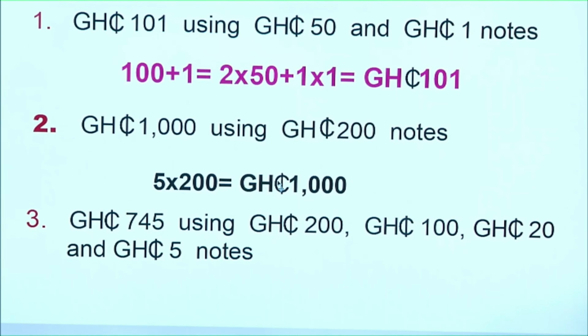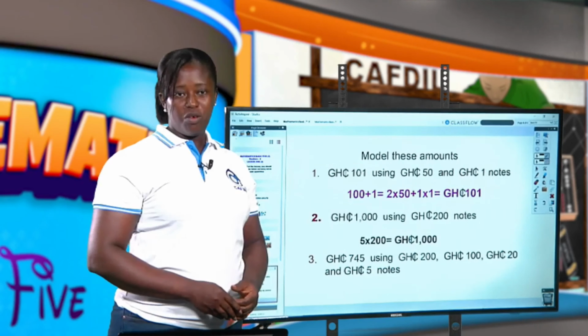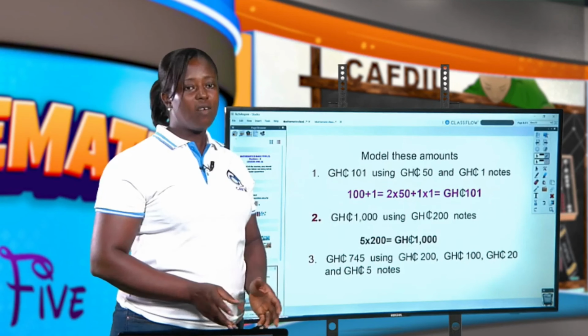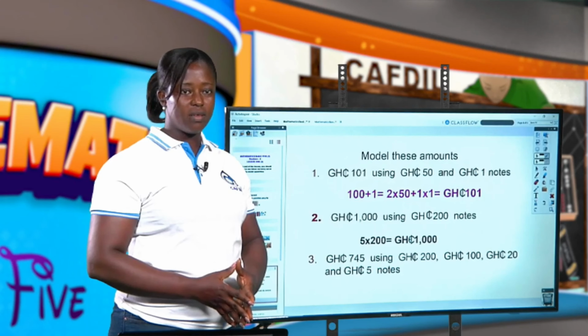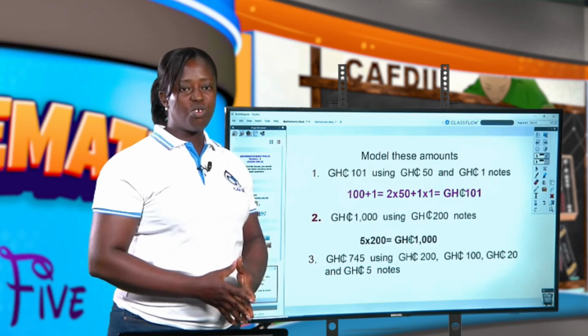With this, it can be done in so many ways. What you will do will be different from what I will do here. The notes that you're going to use will be different. By the end of the day, we will all get the same amount. So I want you to try.